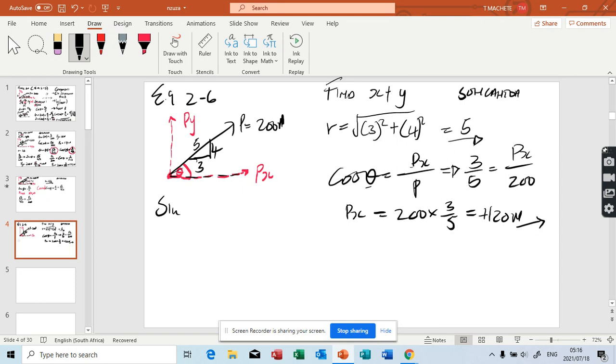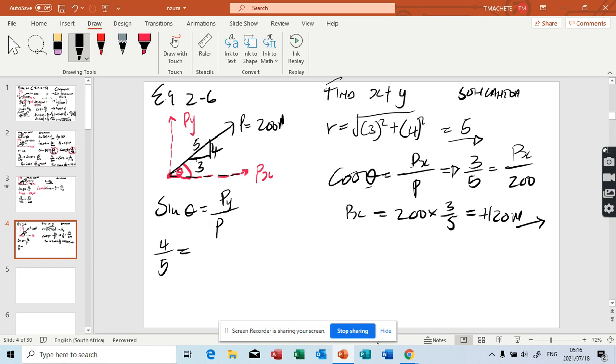So to find our y, you're gonna say sine theta equals Py over P, which is 4 over 5.